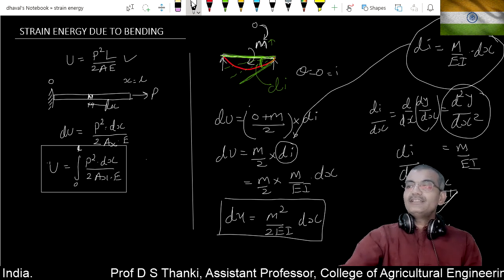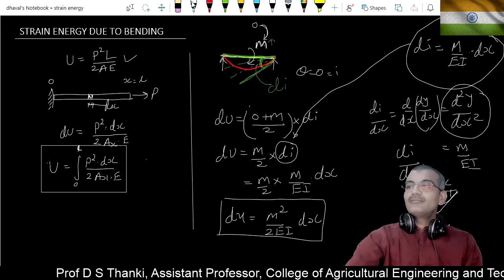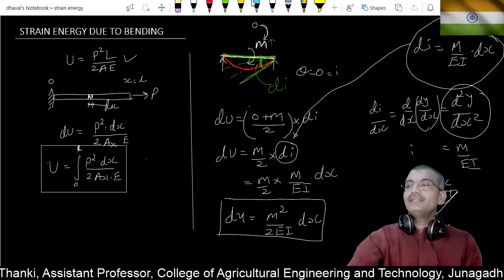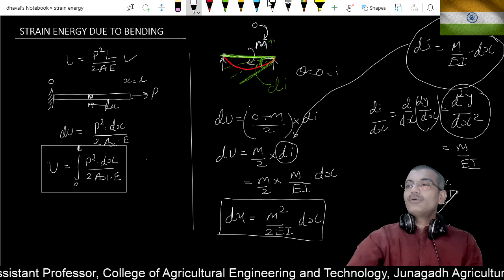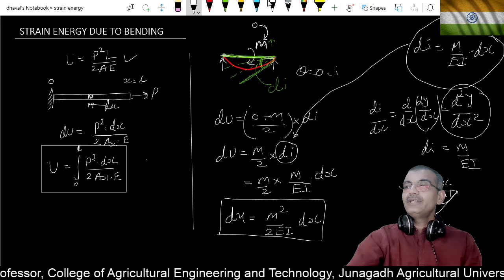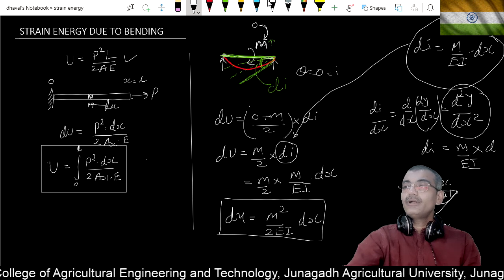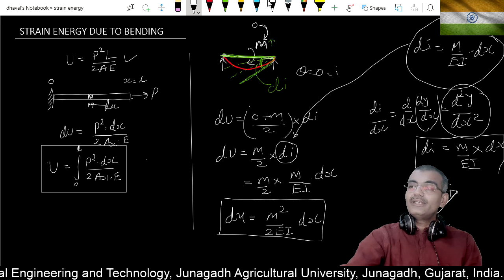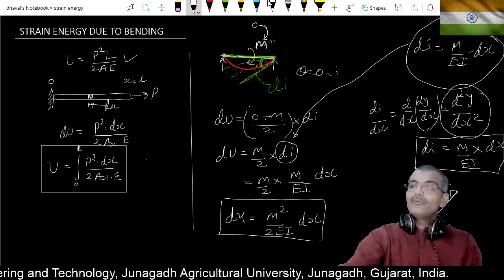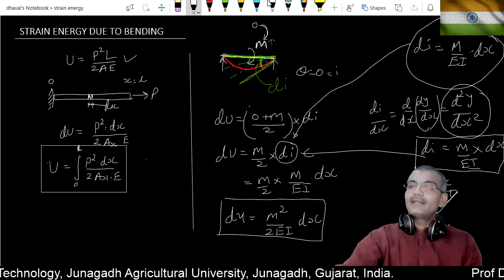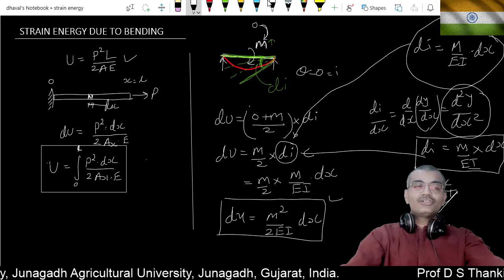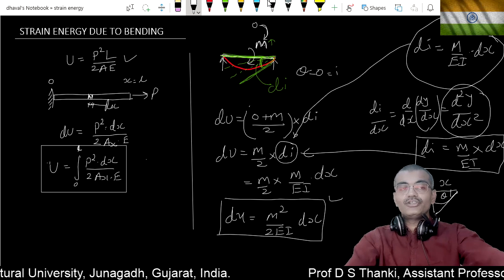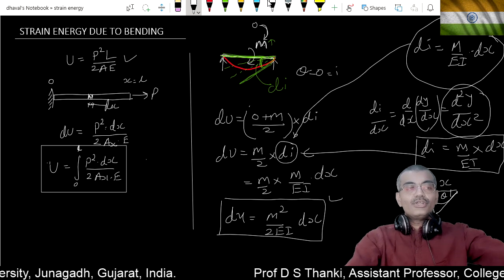So dI is equal to M upon EI into dx, and that value we put over here, right? So this is your generalized equation for the strain energy stored in the body due to the moment.